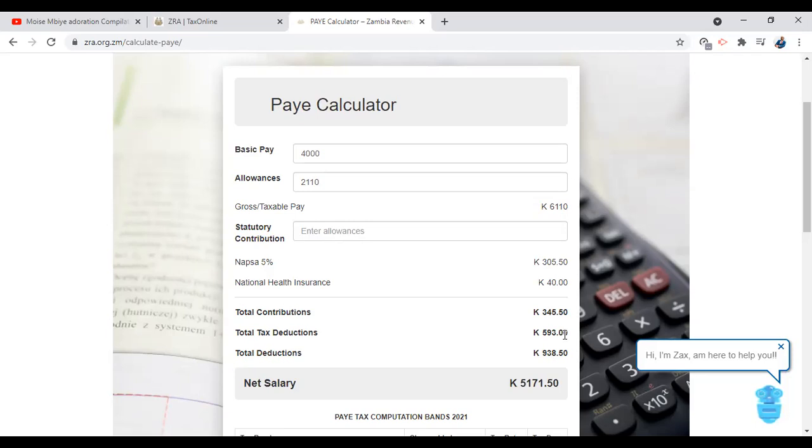So that is how we calculate pay as you earn. And these are the tools that we use to actually calculate somebody's salary and the deductible amount.